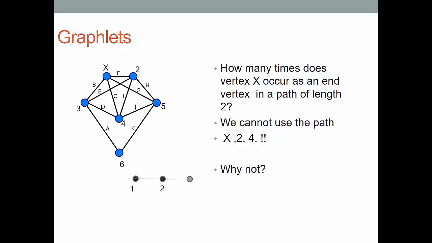We cannot choose X, 2, and 4 because X, 2, and 4 generate a triangle, not a path of length 2. So we want to know how many times X appears as an end node in an induced P2.